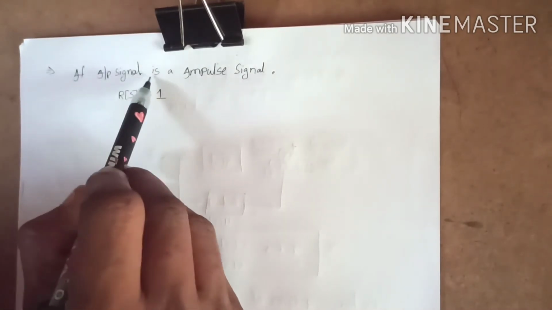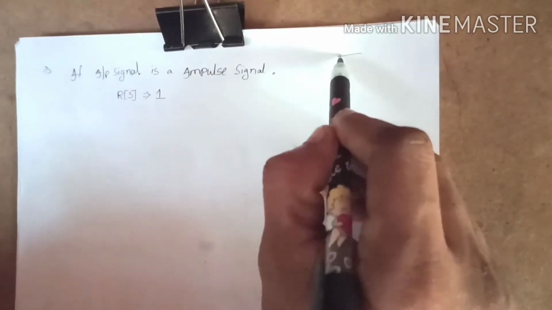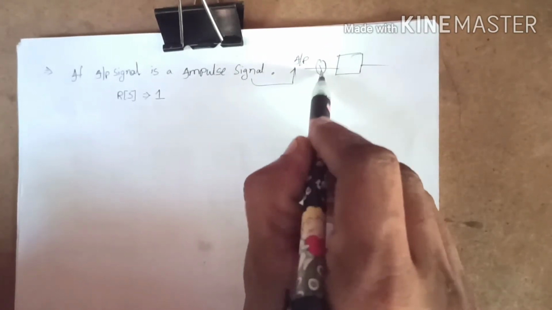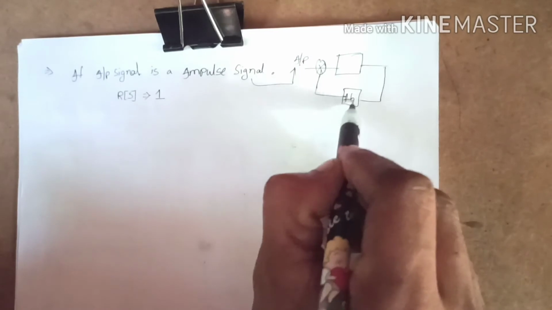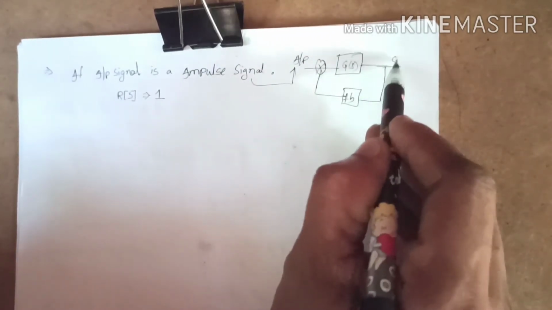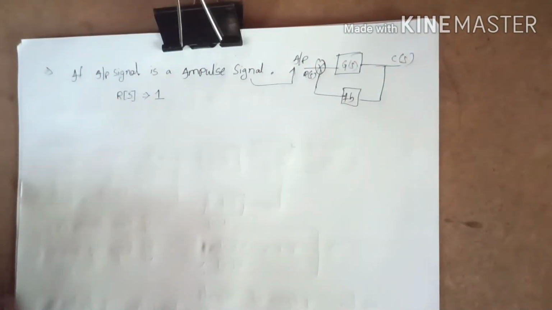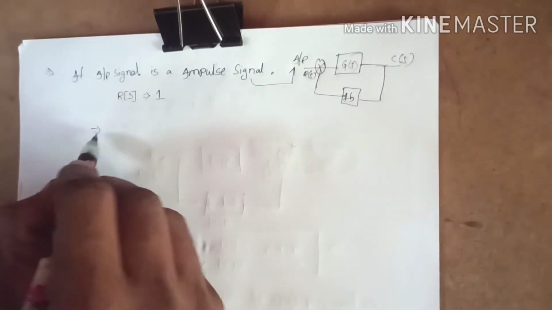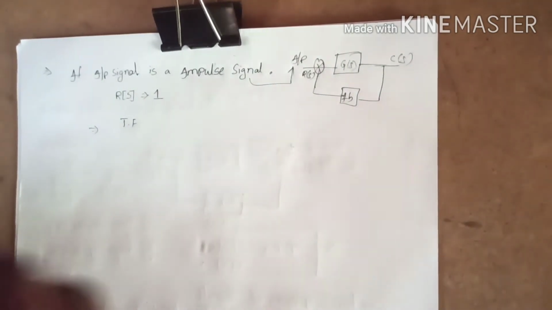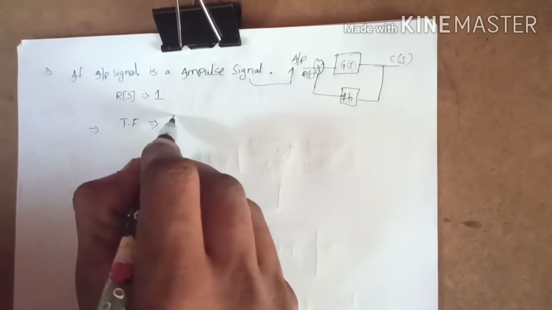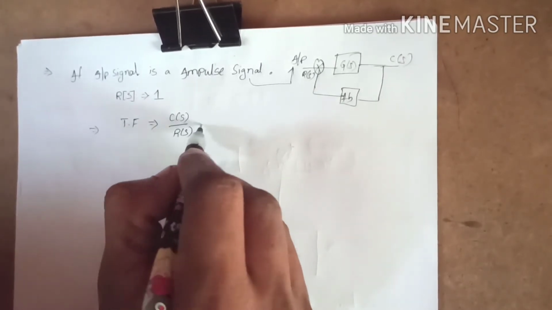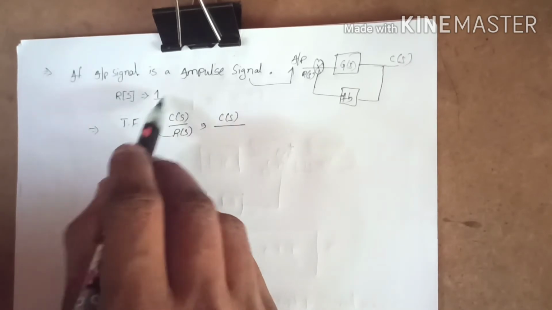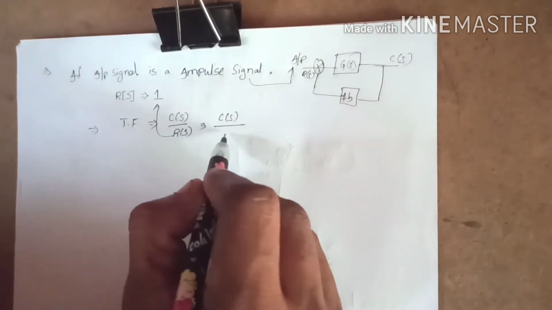If the input signal is an impulse signal, okay, that is the system, that is the output C of S, and the input signal is R of S. If R of S means the input signal is an impulse signal, then transfer function equals C of S by R of S. Then R of S is the one value, since the input signal is an impulse signal, so we can substitute that value as 1.